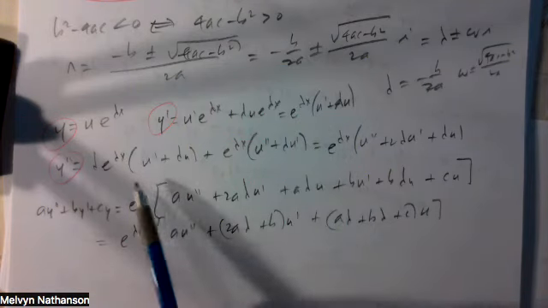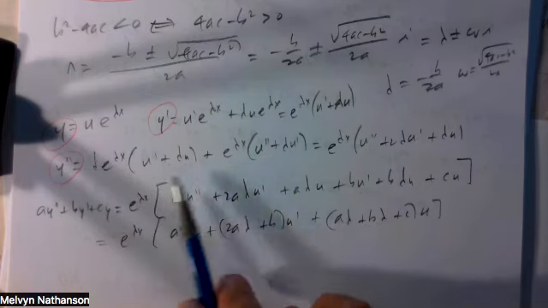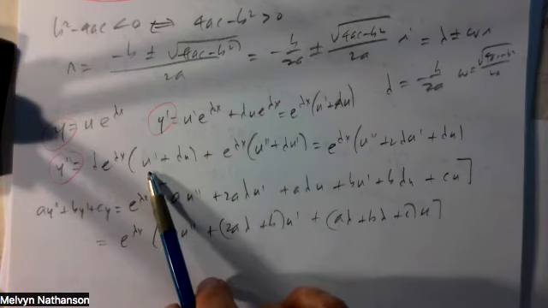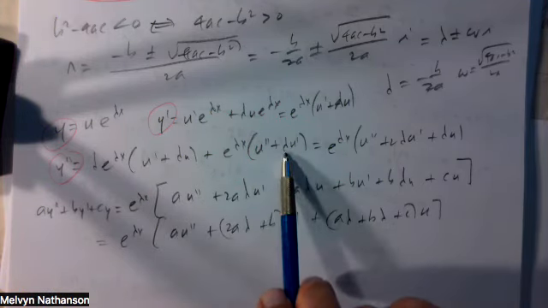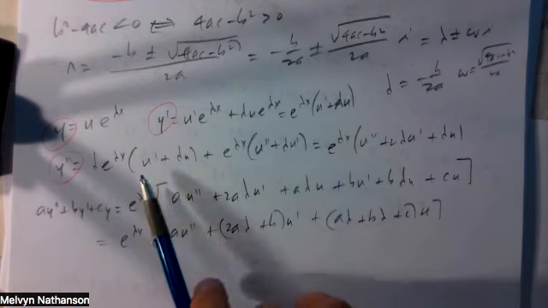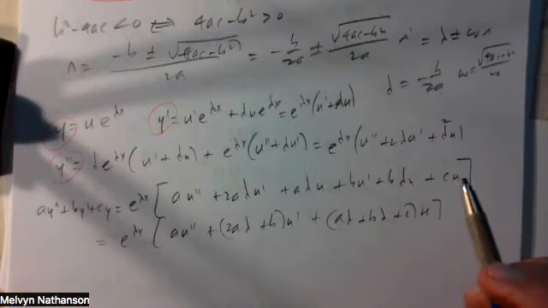Yeah, so it's e to the lambda x times u double prime plus lambda u prime plus lambda u prime plus lambda squared u. That's better.